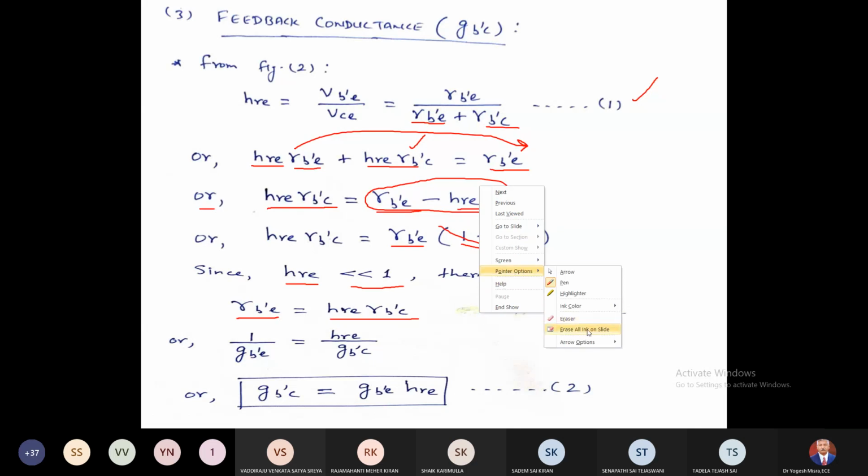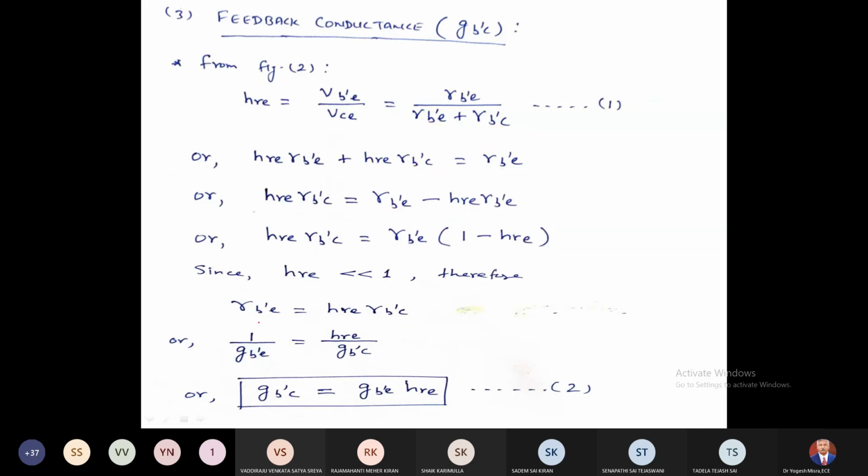And this I have written now in terms of conductance. RB'E, you can write it as 1 by GB'E, HRE by GB'C. RB'C I have written in this way.